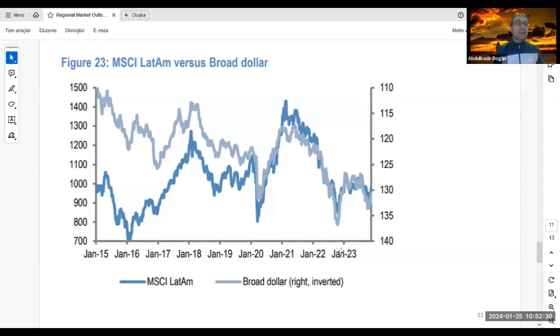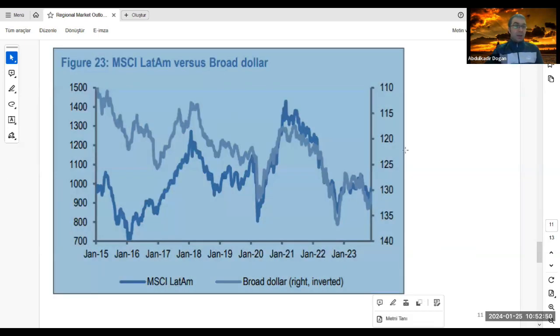Broad dollar is DXY, the dollar spot exchange rate. By the way, this broad dollar is inverted, meaning that if this is higher, the dollar is getting strength and emerging market is losing.